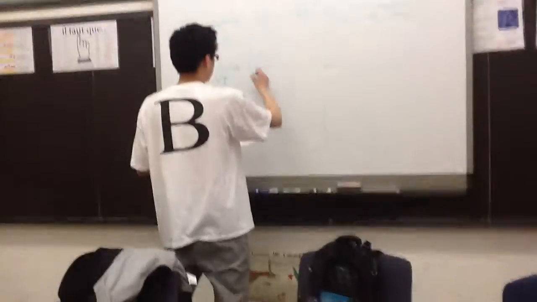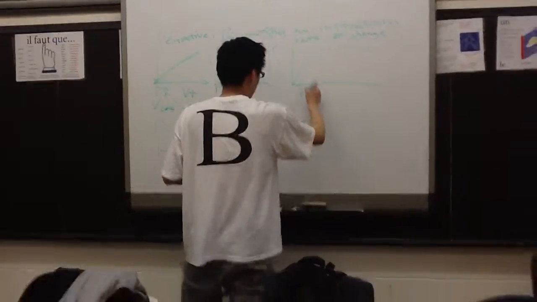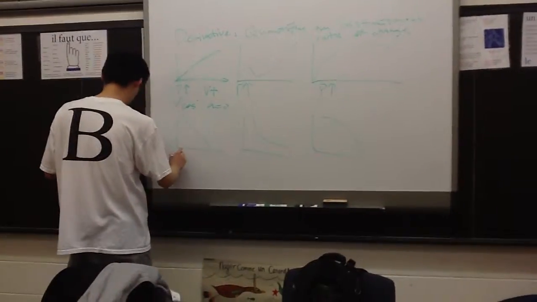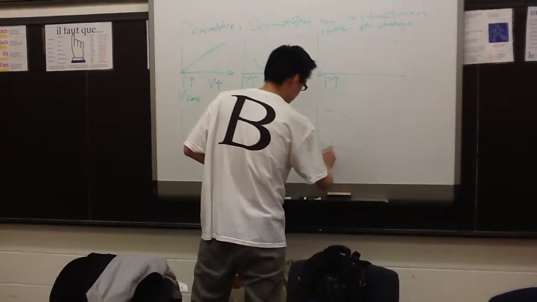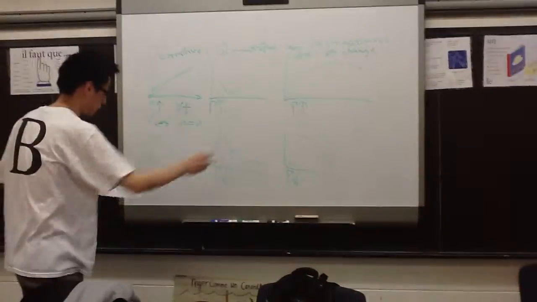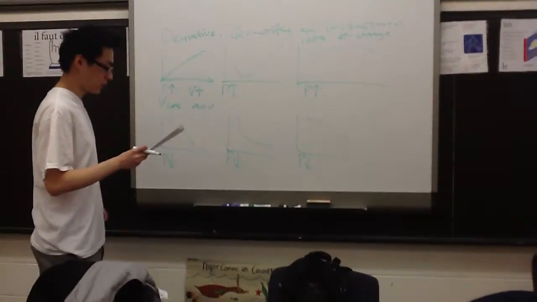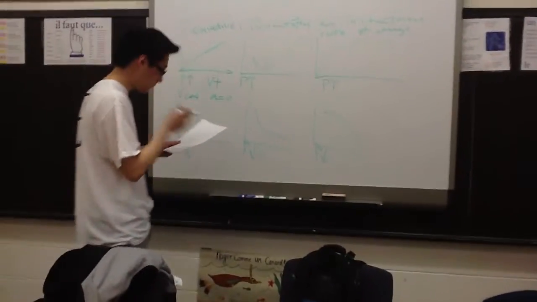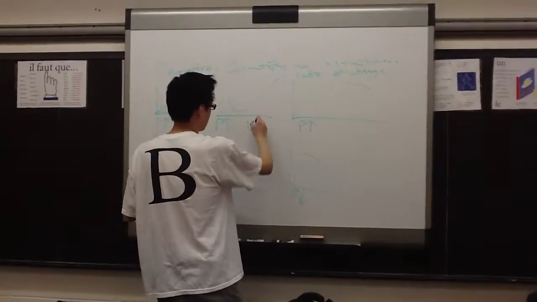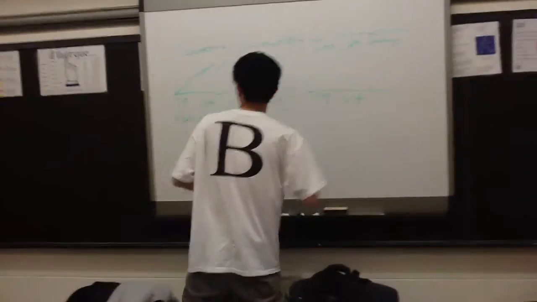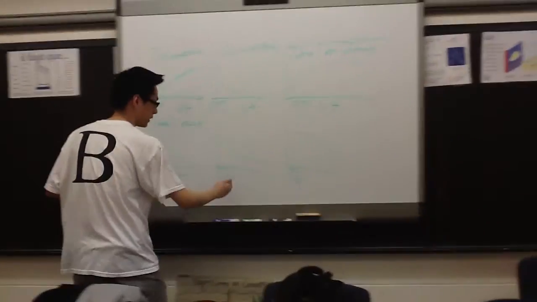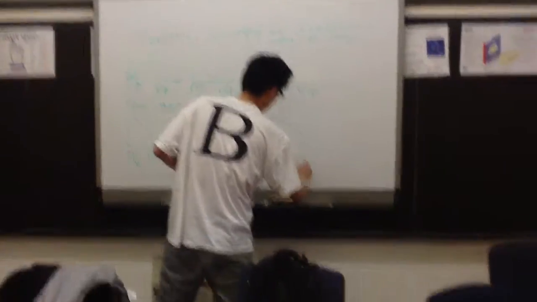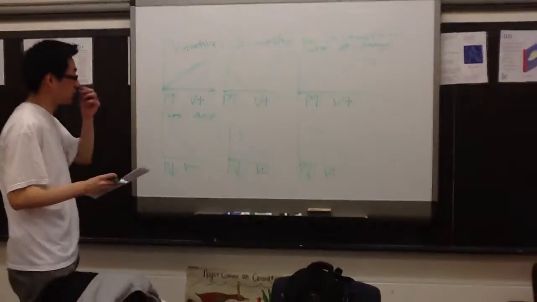These three are all about increasing positive position, and these are decreasing position. So the velocity is all positive. If the position is decreasing, the velocity is all negative. So what's the relationship between the velocity and acceleration?